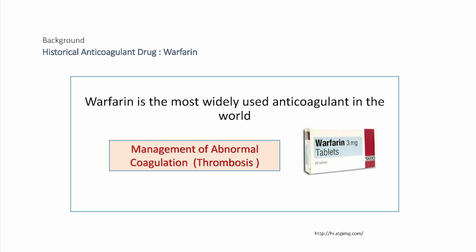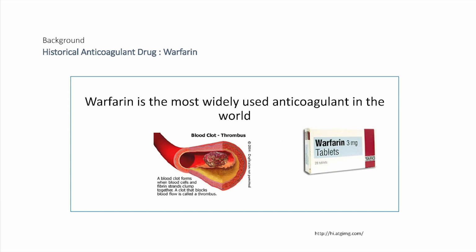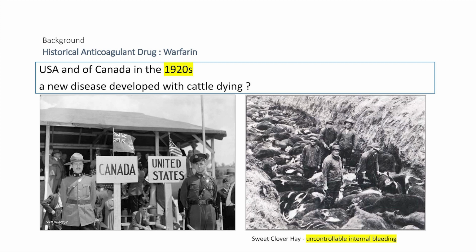Historically, anticoagulant drugs started with warfarin. This was more than 60 years ago. The idea of anticoagulation started with the discovery of unexplained cow deaths in the United States and Canada. Those cows had uncontrolled, unexplained internal bleeding.